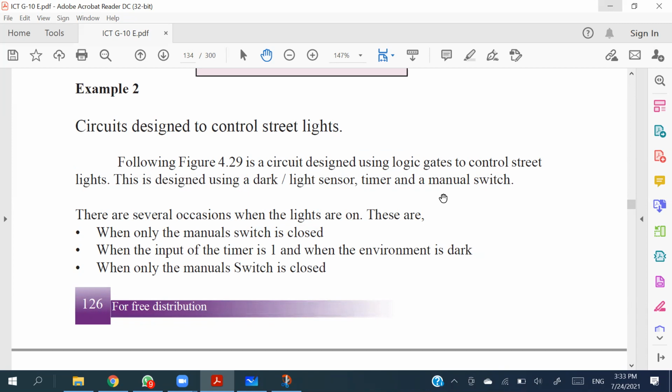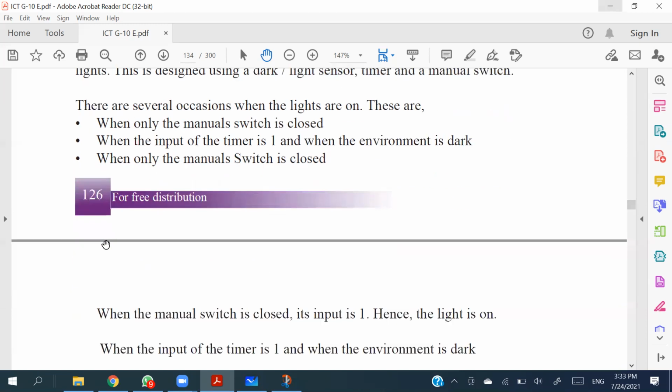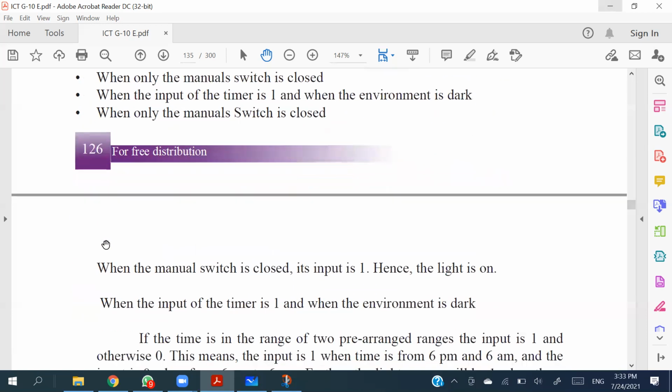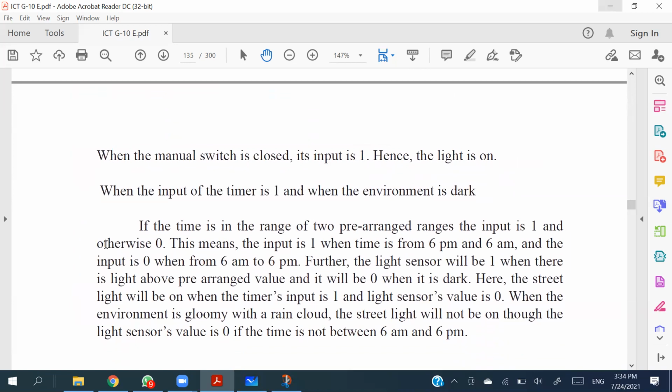And how they are saying this is going to work: when only the manual switch is closed, the circuit is completed, so the bulb will light up, or the input of the timer is 1 and the environment is dark. Let's take a look at how the ones and zeros are defined here. It says when the manual switch is closed, it inputs 1.